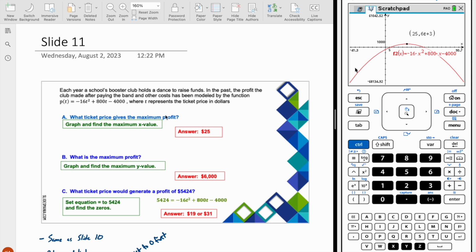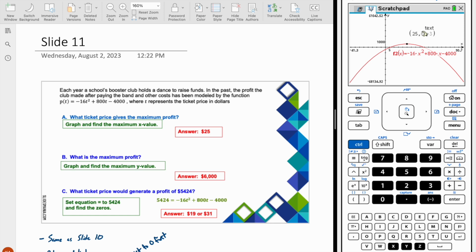Now keep in mind, what ticket price gives the maximum profit? We know that the ticket price itself is on our X, and the Y is the amount of profit that we are searching for. So in this case, $25 a ticket would give the maximum profit.